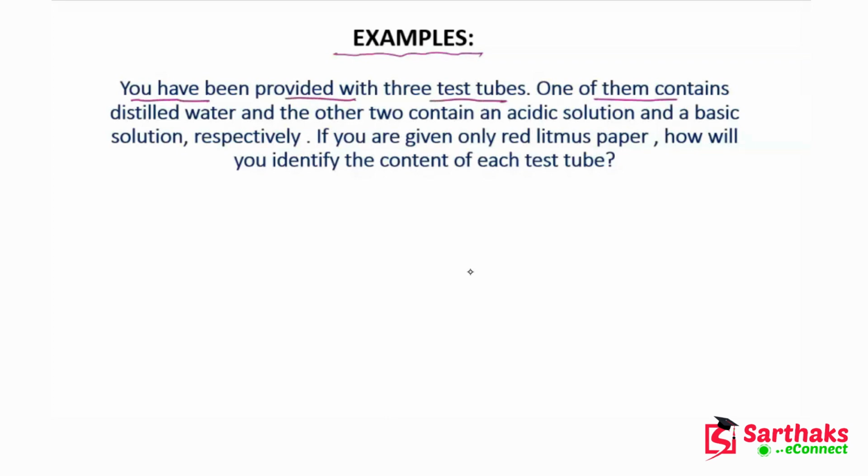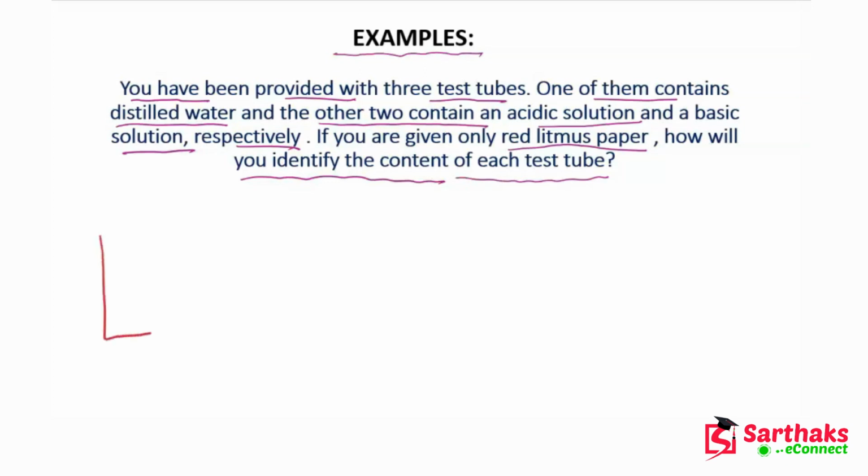One of them contains distilled water and the other 2 contain an acidic solution and a basic solution respectively. If you are given only red litmus paper, how will you identify the content of each test tube? Let me explain what is given in this question.